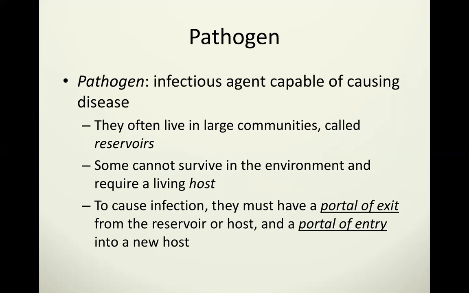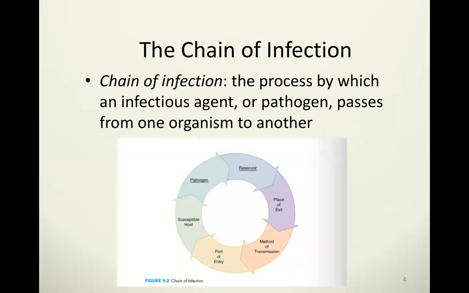They come in and infect, and then they have a portal of exit and a portal of entry into a new host. They keep spreading. So the chain of infection goes from an infectious agent, a pathogen, and then it passes from one organism to another: pathogen, reservoir, place of exit, method of transmission, and it keeps on going.